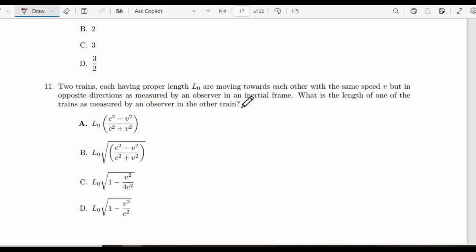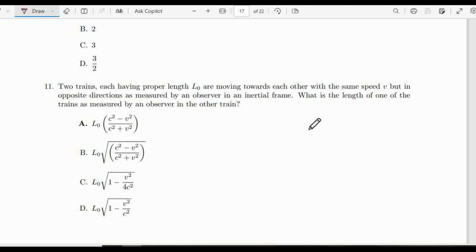That means somebody in an inertial frame is witnessing the motion of these two trains. They are moving towards each other with the same speed v and their proper length in their respective frame is L naught. Now it is asked to find the length of one of the trains as measured by an observer in the other train.